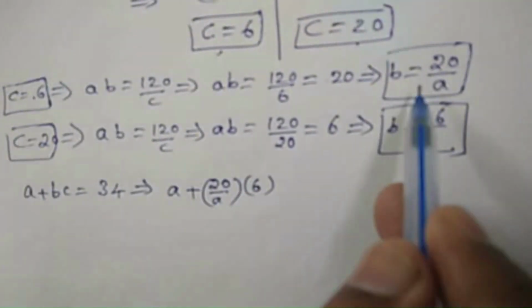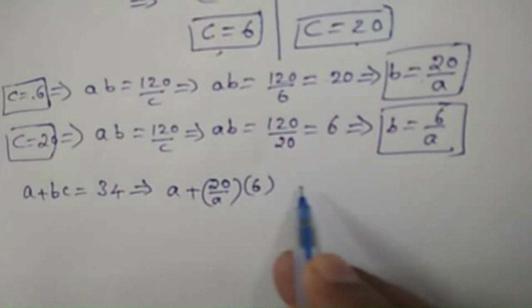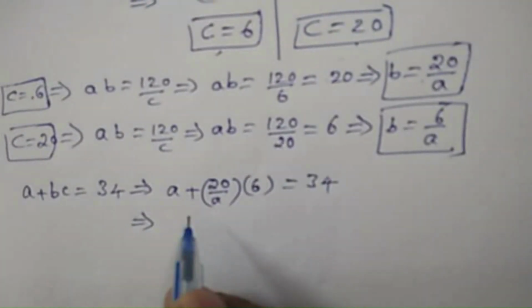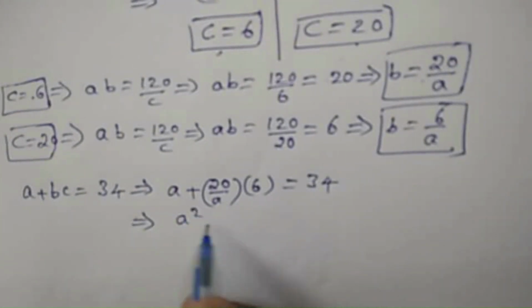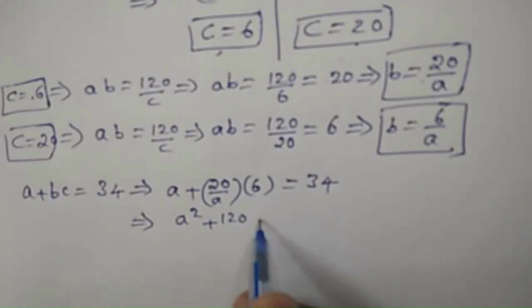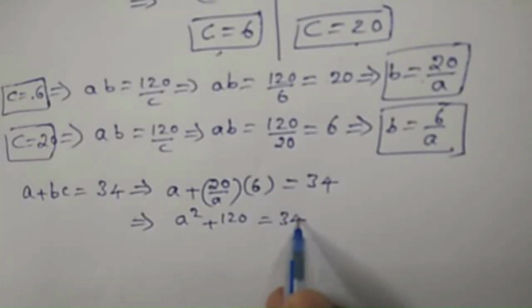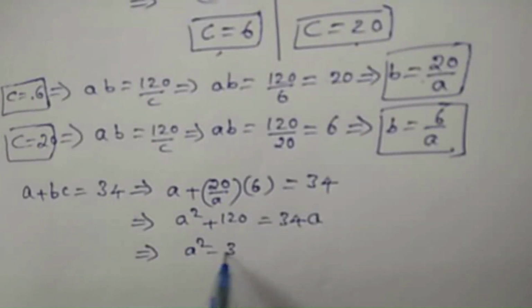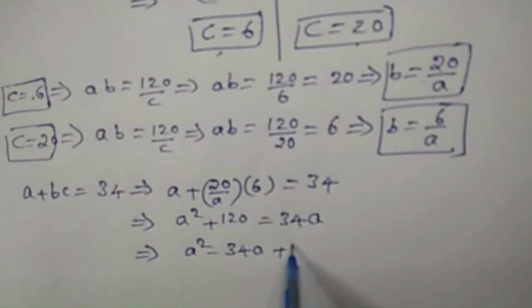First combination we are substituting, that is equal to 34. That implies a square plus 6 into 20, 120 is equal to 34a. Bring this 34a to this side. That implies a square minus 34a plus 120 is equal to 0.